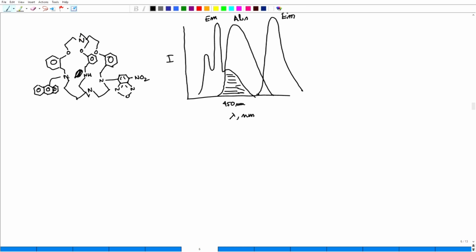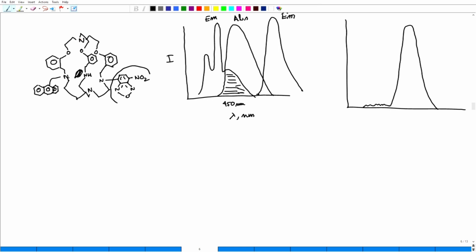I see very little. This is anthracene emission, and I see completely the emission of this diazo fluorophore.